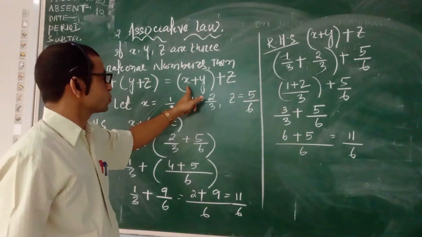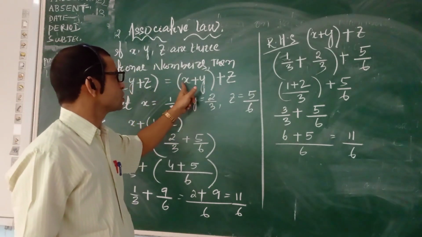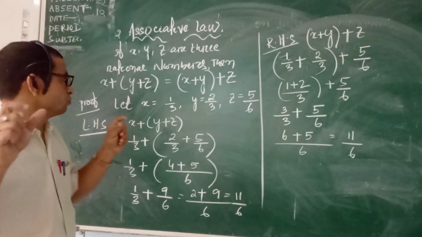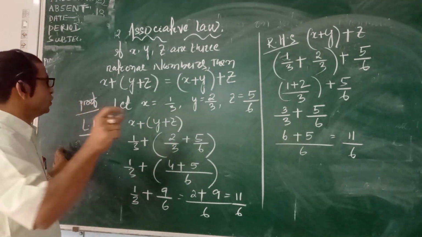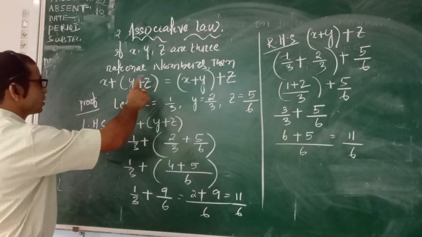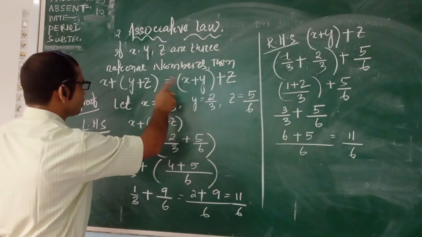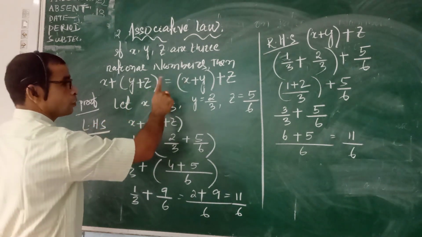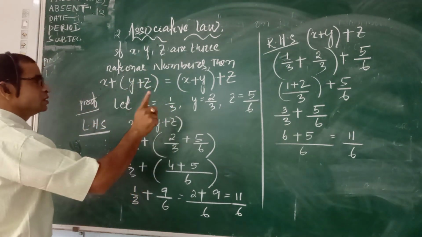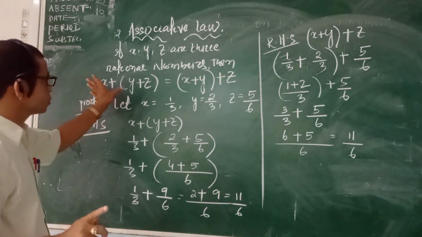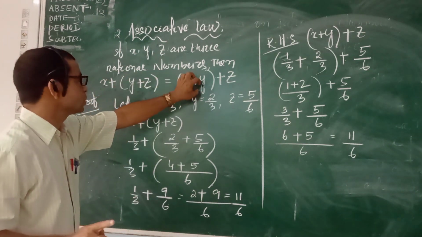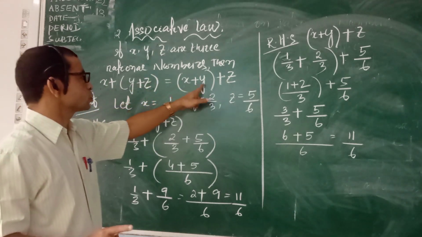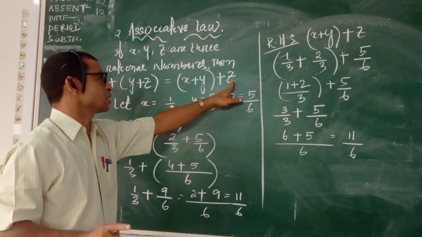In the RHS also, the same way, but mark carefully that on both sides the same rational numbers should not be repeated inside the bracket. So in this way we write the associative law: x plus y plus z is equal to x plus y inside the bracket, and the remaining one outside.